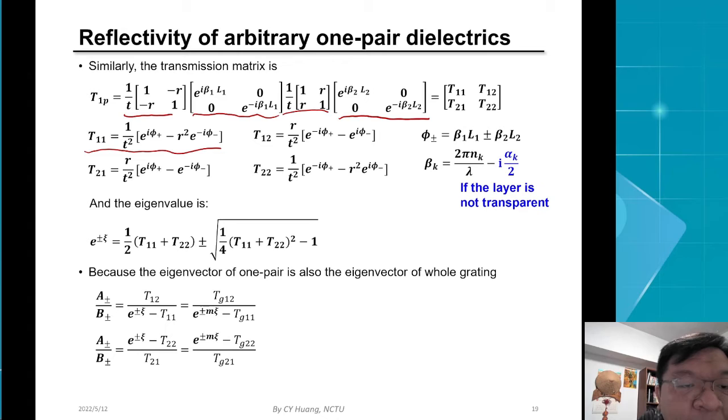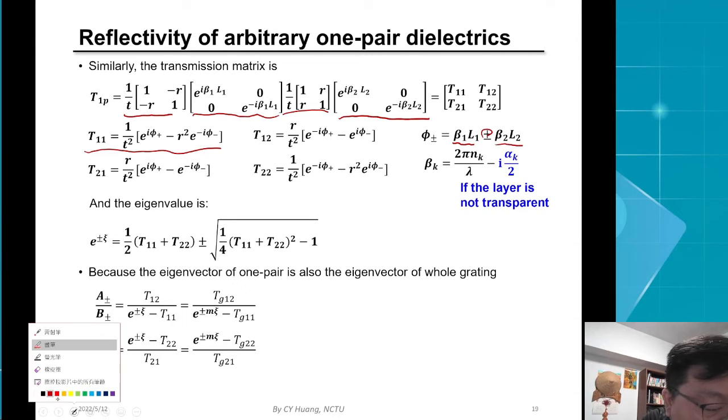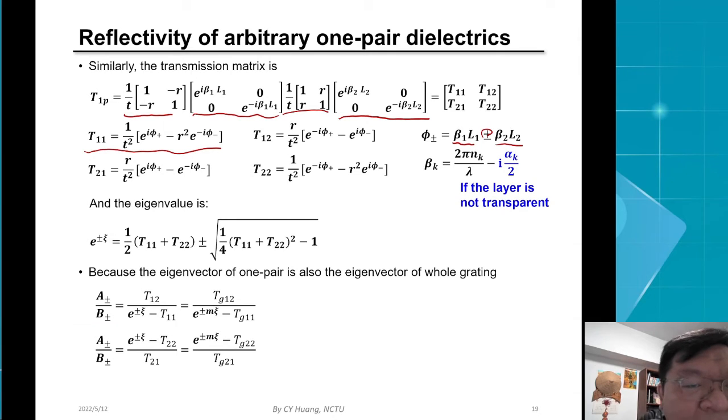So T11 will be 1 over T squared times exponential I phi plus, and the phi plus is beta 1 L1 plus beta 2 L2. And it also has the second term minus R squared e to the minus I phi minus, where phi minus is beta 1 L1 minus beta 2 L2.